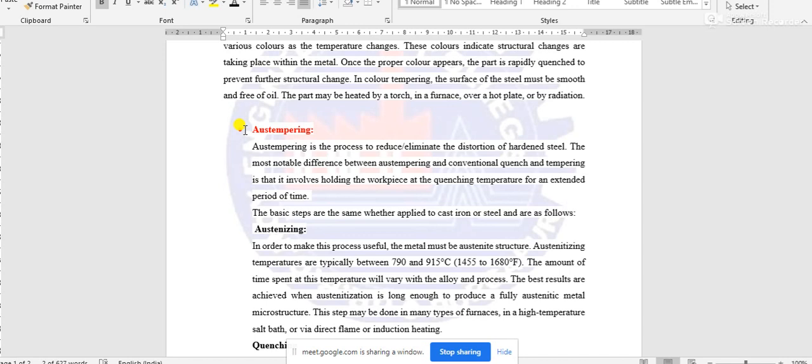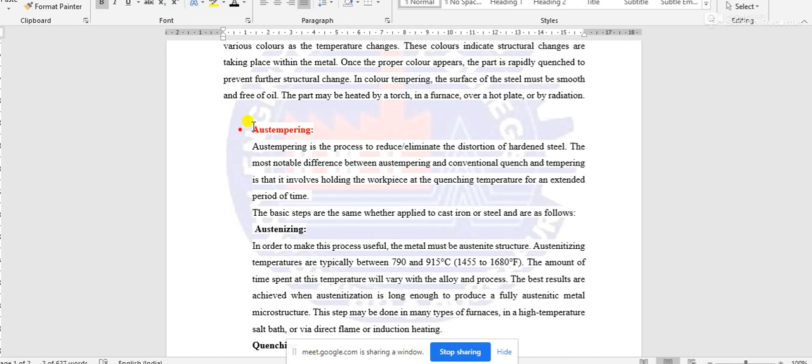About austenite we have discussed in the iron carbon system, that at 910 degrees Celsius we get the form of iron that is called austenite or gamma iron. When the steel is at that temperature, then the iron present in the steel will be in austenite form or gamma iron form.